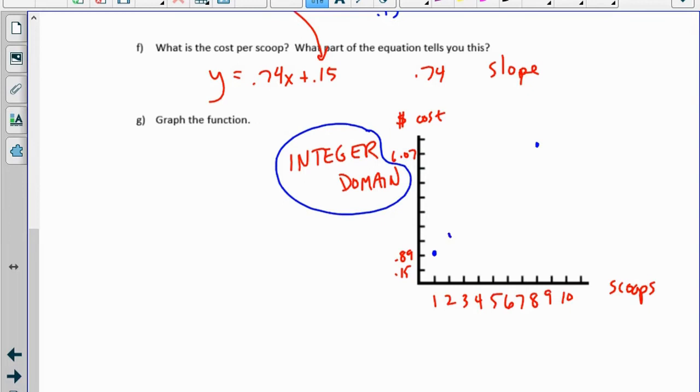So I'm only going to put integer values of x on this line. So I'm only going to put the points that represent the actual number of scoops I can have, because I cannot have some sort of fractional number of scoops in this problem.